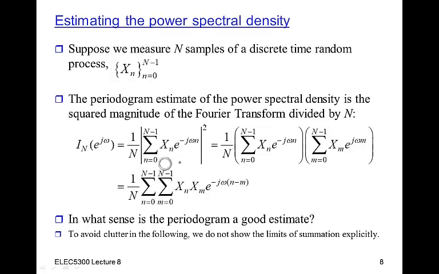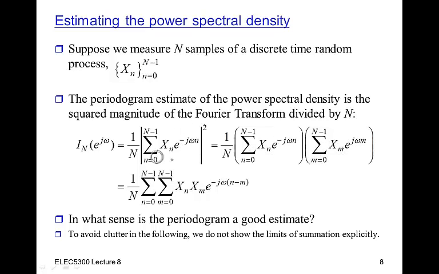We can take this one and just expand it out. This squared magnitude is just the thing inside here times its complex conjugate. If we assume that x is real, then we get the complex conjugate by taking e to the minus j omega n here and e to the plus j omega m over here. We have to change the index of summation when we expand the product out.